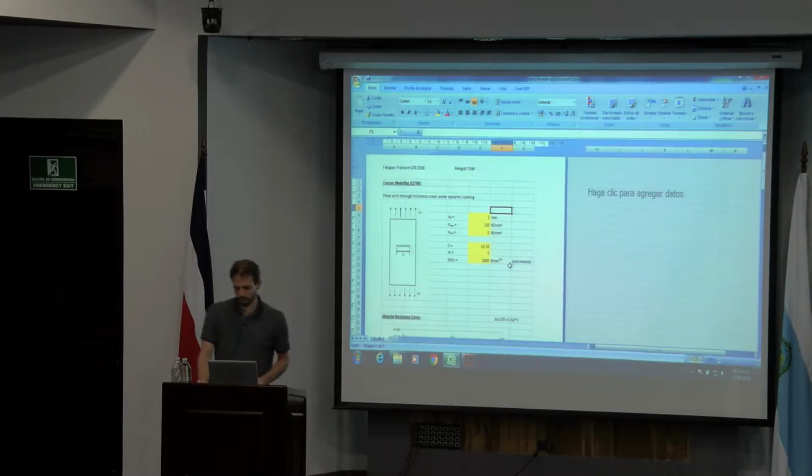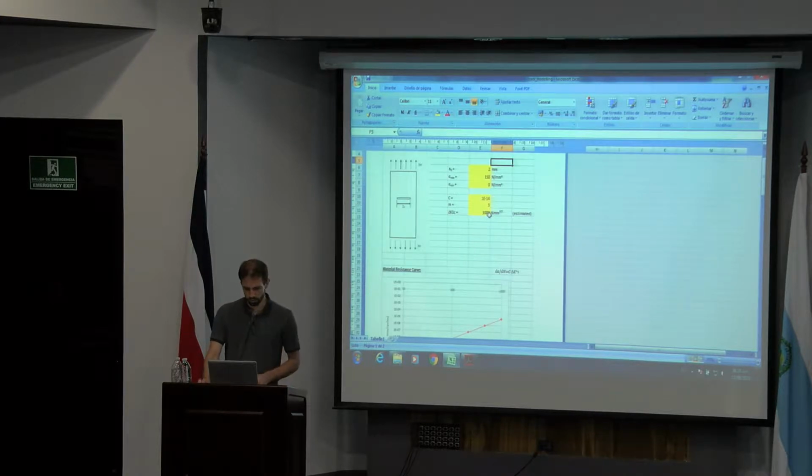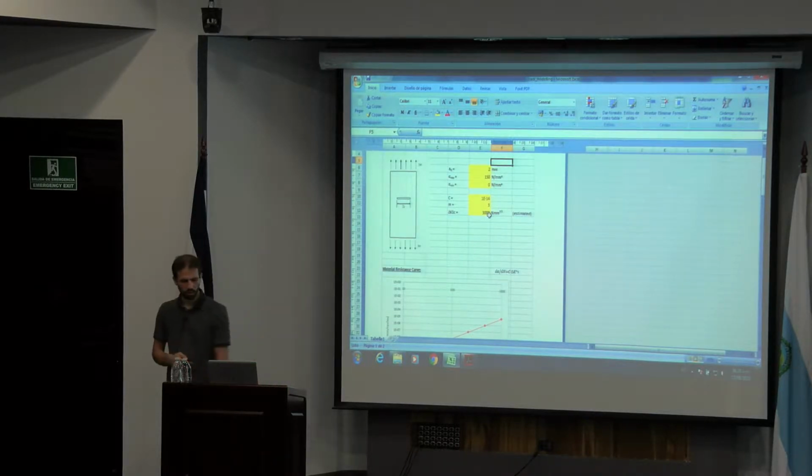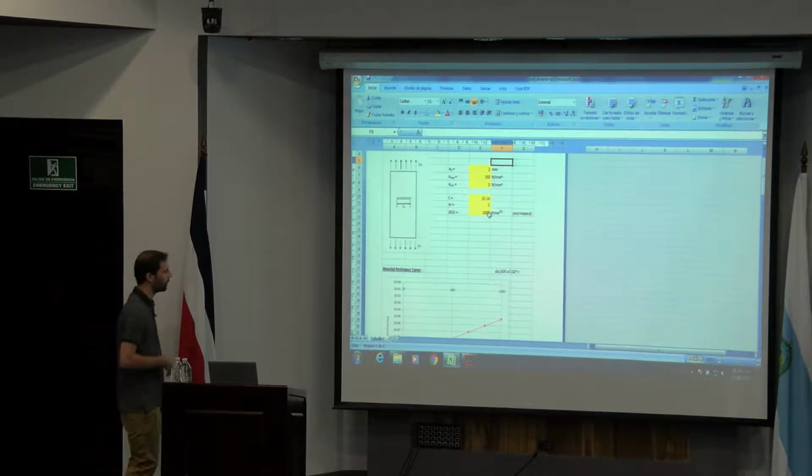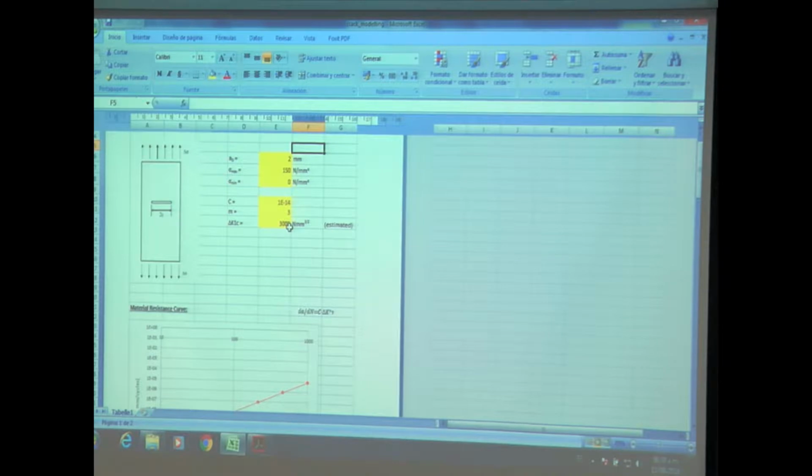If we now go, for example, to this model, we see here that we start, in this case, I reduced the amount just to have smaller calculations in this sheet.